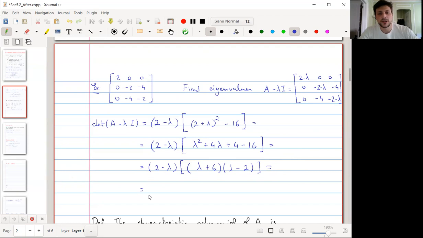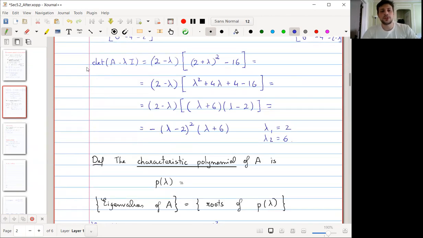So we can write this as follows. Allow me to change one sign so that I have lambda minus 2 instead of 2 minus lambda. So I have lambda minus 2 squared times lambda plus 6. So the eigenvalues are lambda 1 equal 2 and lambda 2 equal to the root of lambda plus 6.